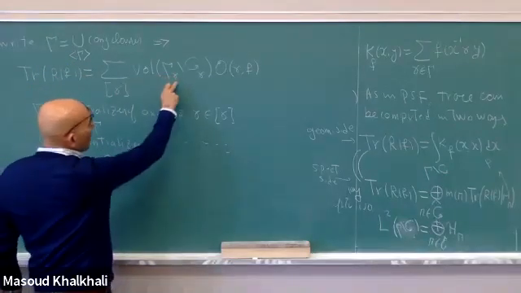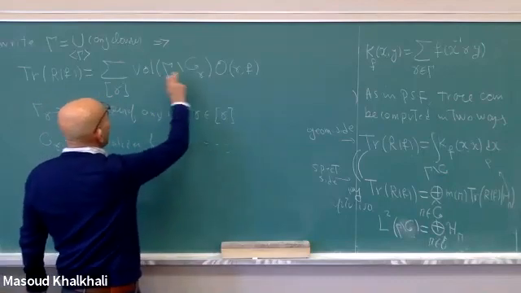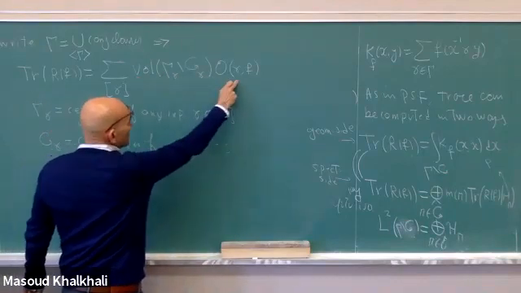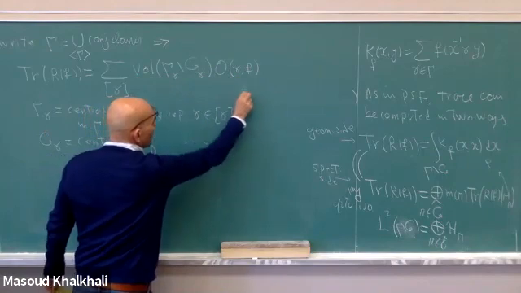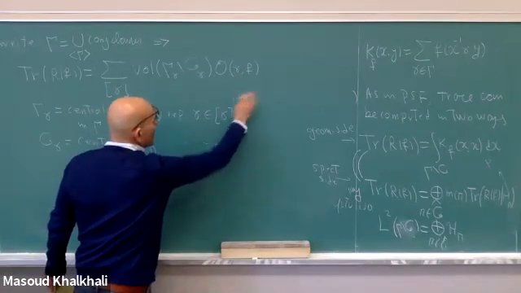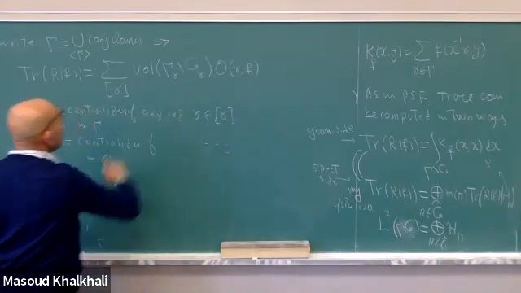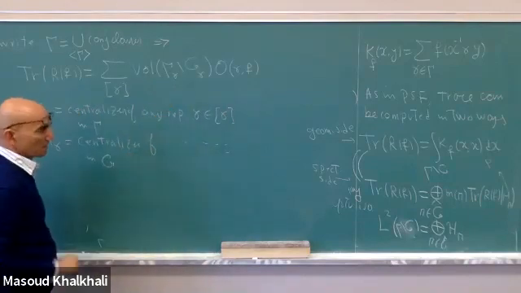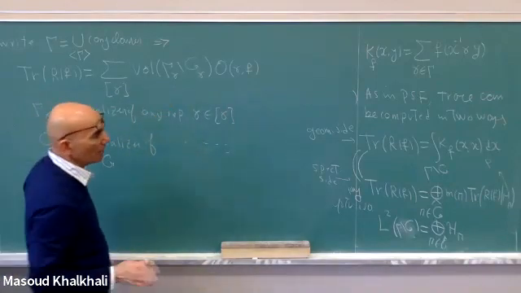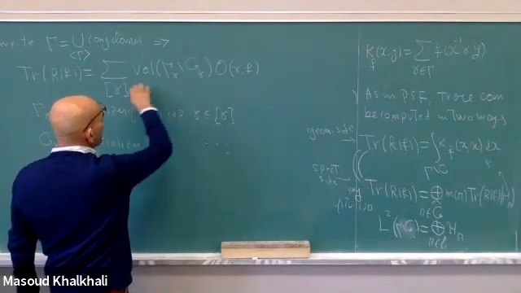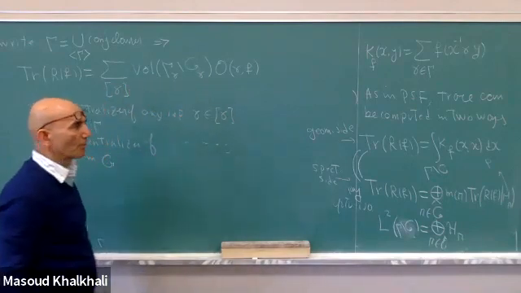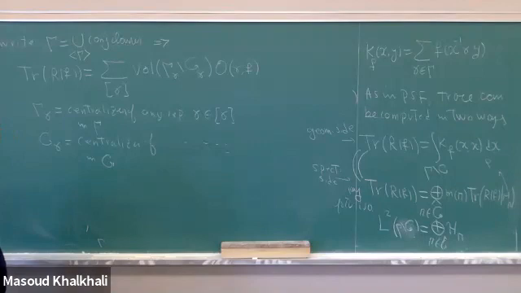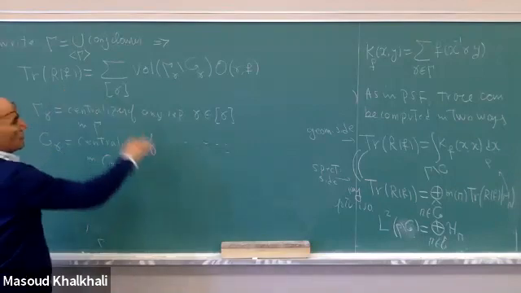And this was one, and this was just an evaluation, f of gamma in this abelian case, and this was a summation. But in a non-abelian case, it's much more complicated. It's of this form, and so this is equal to that.